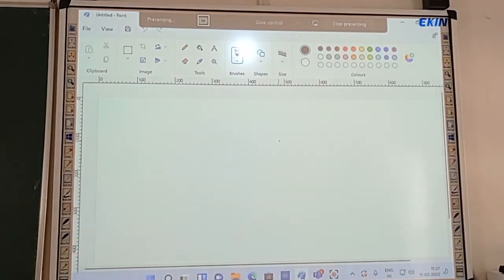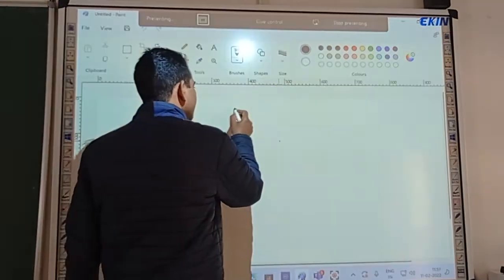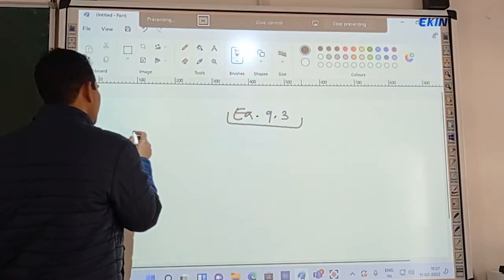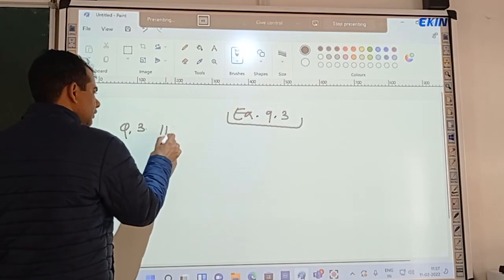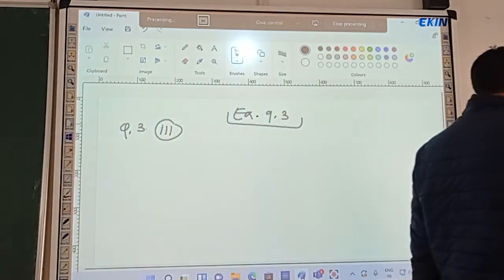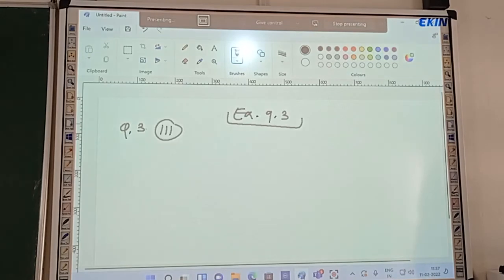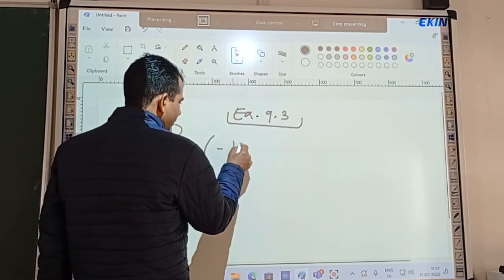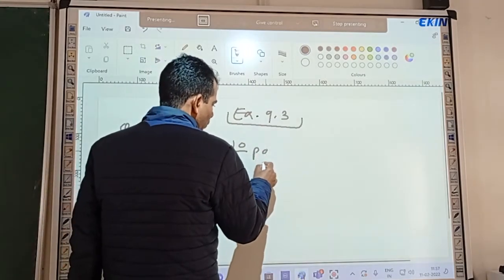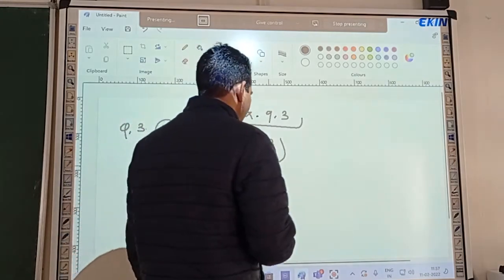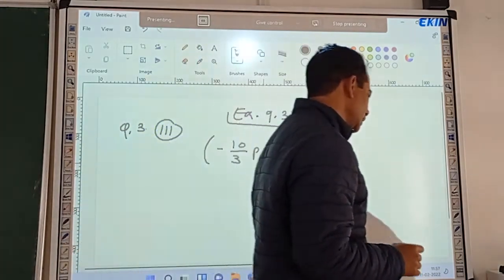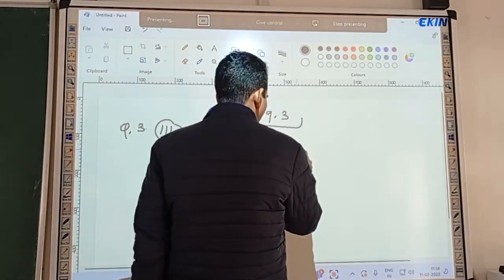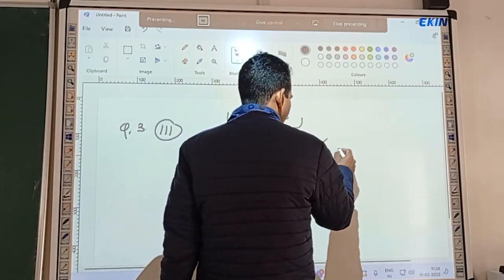Exercise 9.3. Question number 3, third part. Minus 10 by 3 pq cube multiplied by 6 by 5 pq cube.